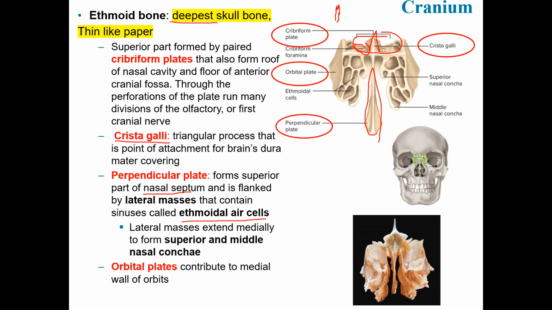And then there are the orbital plates here that contribute to the medial wall of orbits. I do have, of course, a slide that I'm going to present to you where you're going to see all the bones that contribute to the formation of the orbits. Okay, we're going to talk about that specifically.